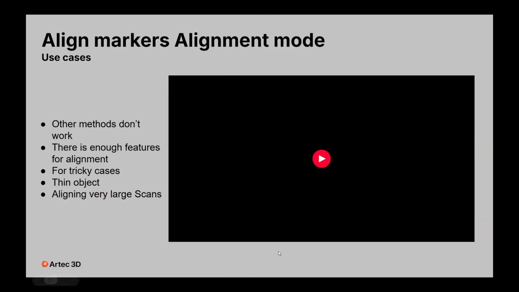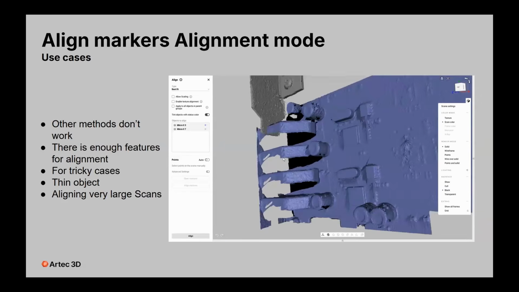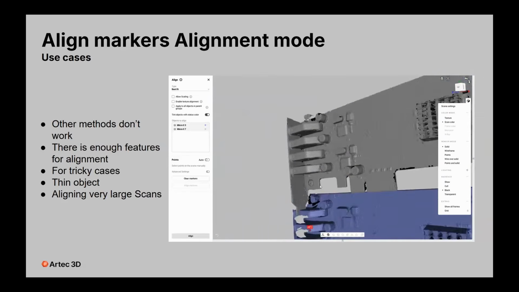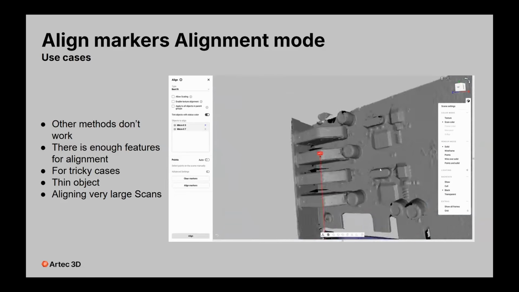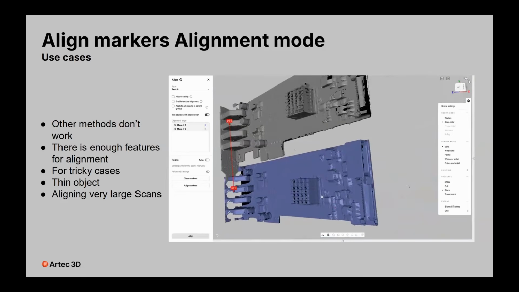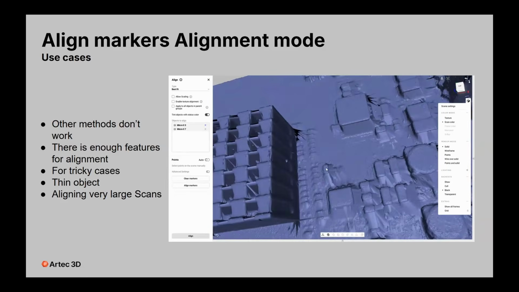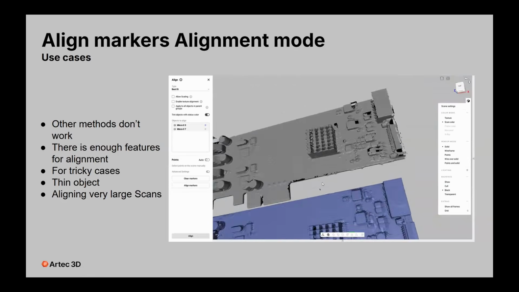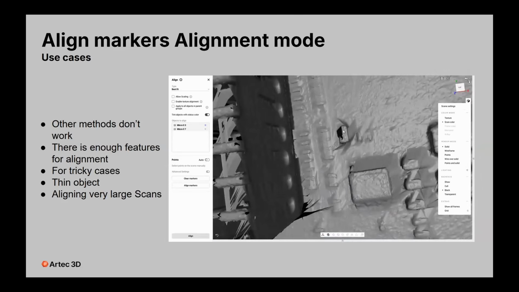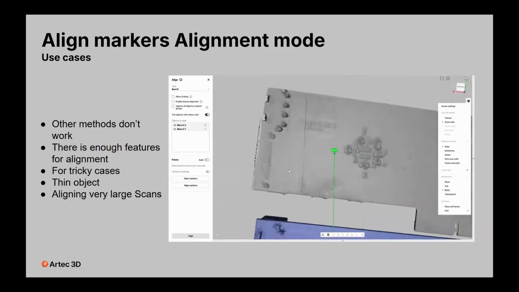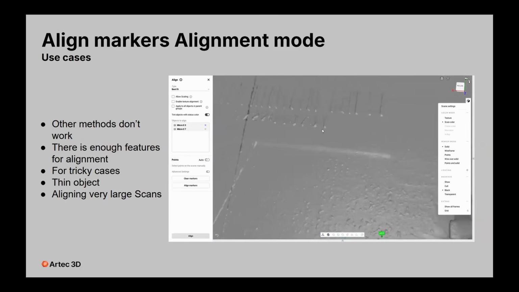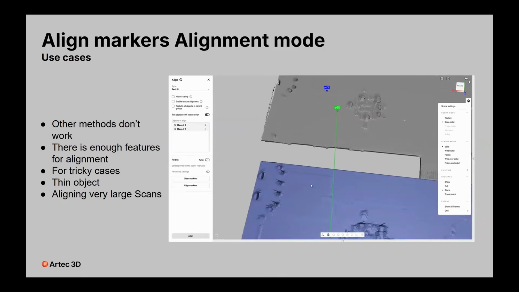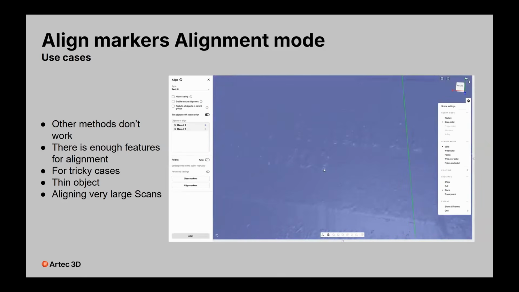But in this case, this mode is a bit different. In the regular manual alignment mode, the software does a pre-alignment of one scan to a different one, and then it fixes slight misalignments on its own. Remember what I told you about the rough registration that the software does.